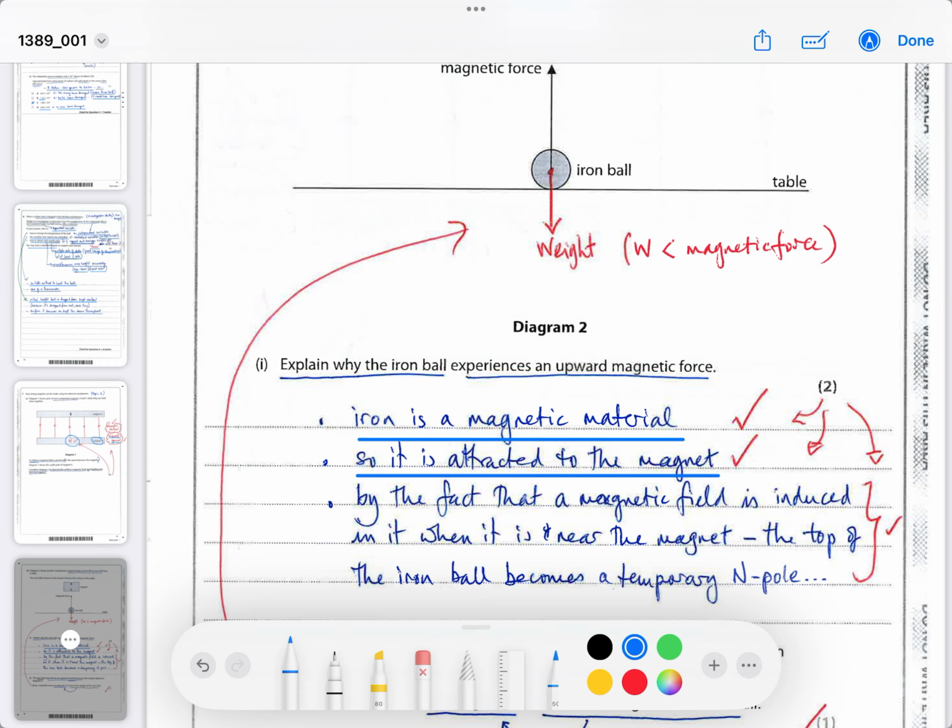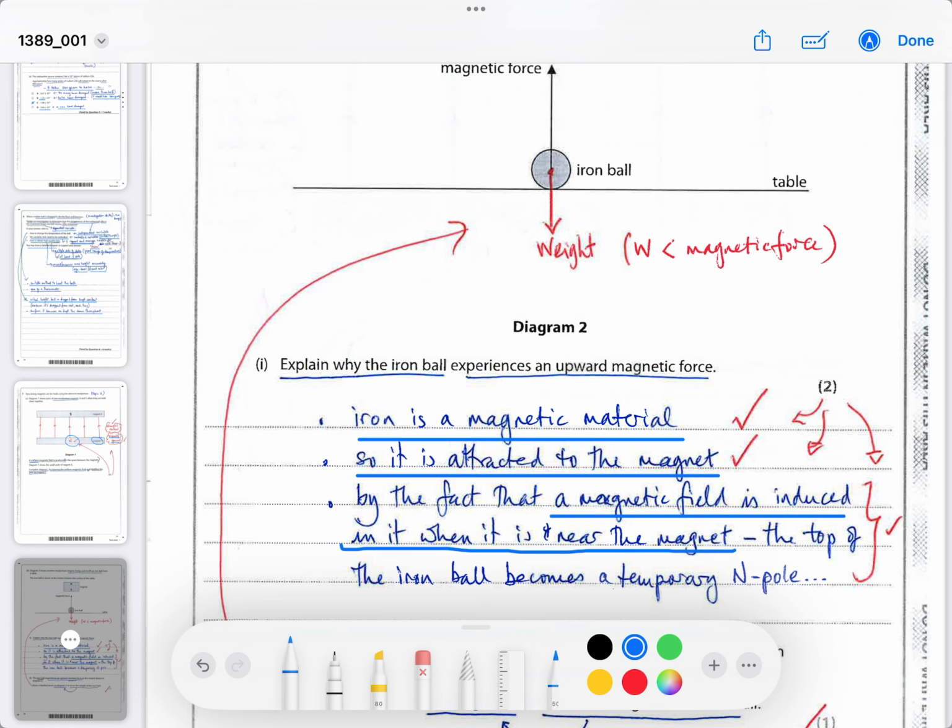And then it says, by the fact that the magnetic field is induced in it. Basically, when something magnetic like iron is inside a magnetic field, it also becomes part of the magnetic field. So a magnetic field is induced in the iron ball when it is near the magnet.